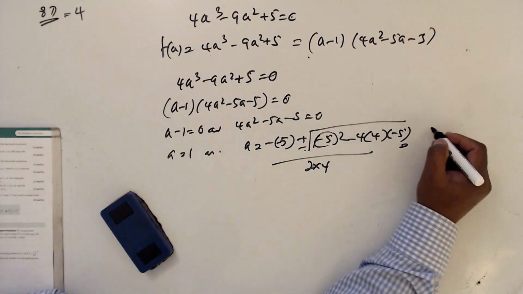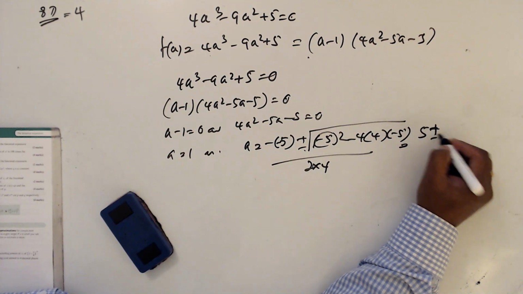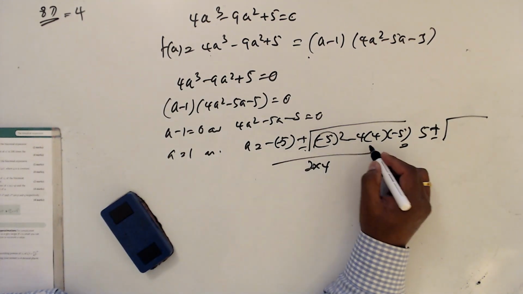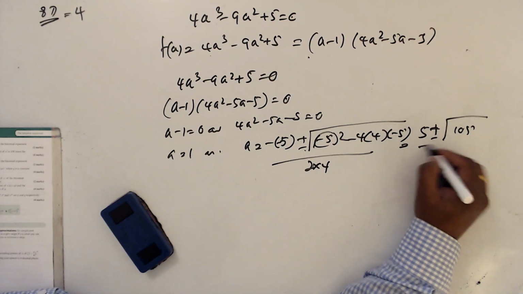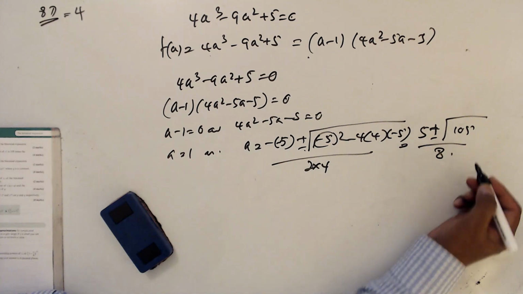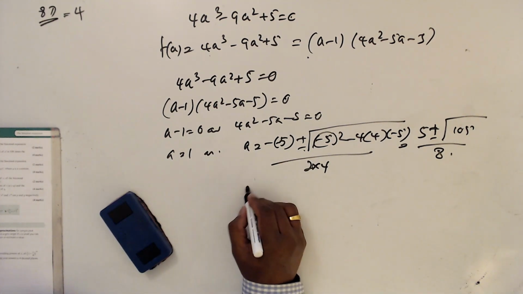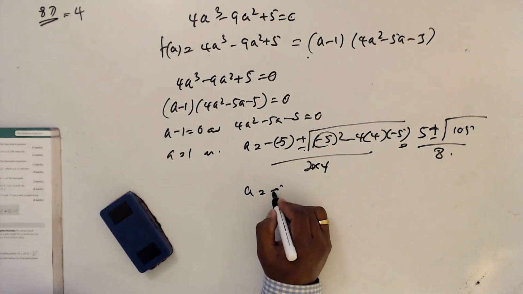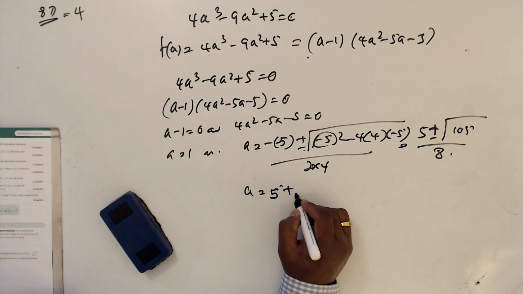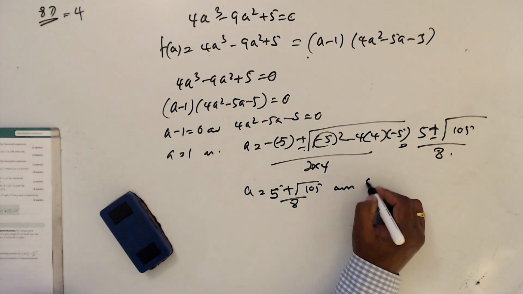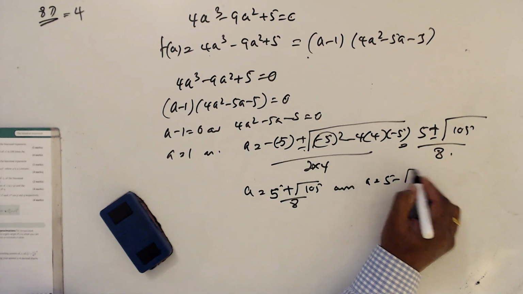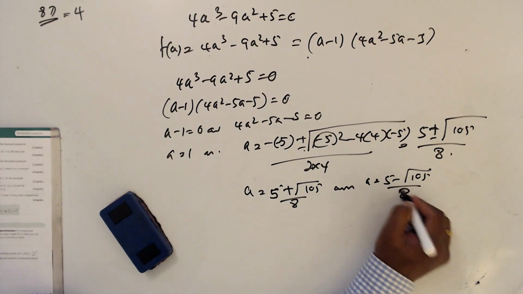This is going to be 5 plus or minus the square root of 25 plus 80, 105, over 8. So the answer is a equals 5 plus square root 105 over 8 or a equals 5 minus square root 105 over 8.